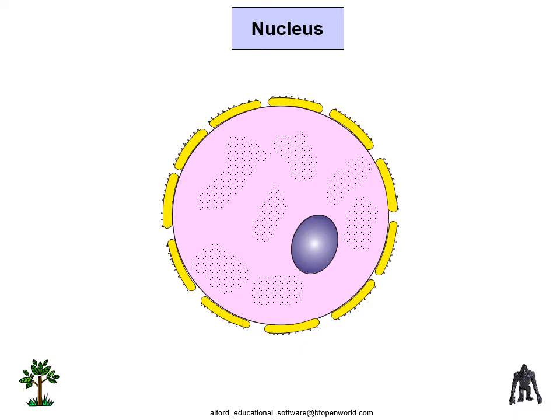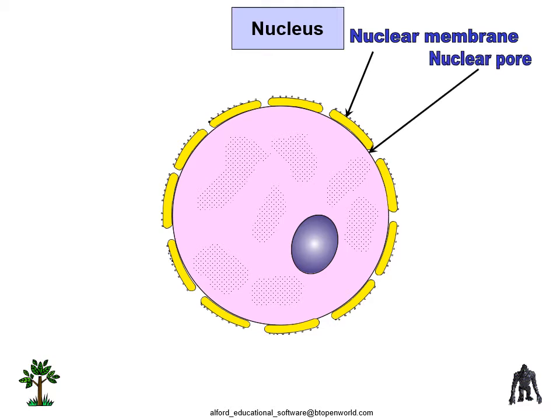Okay, so having a think then about our nucleus. Well, it isn't just the largest organelle in the cell, it's the most dense, and it's made up of a number of different parts. So it's surrounded by a double membrane, which is called the nuclear membrane, and that membrane has pores within it.